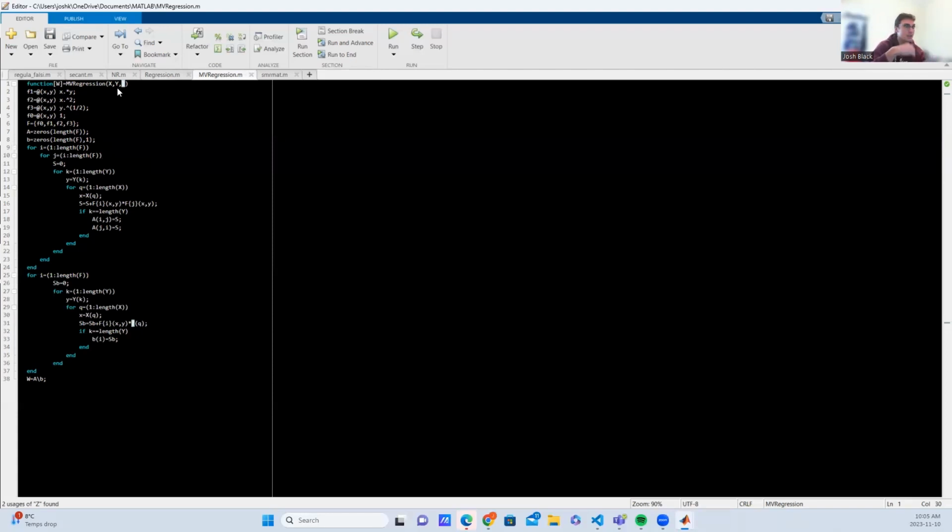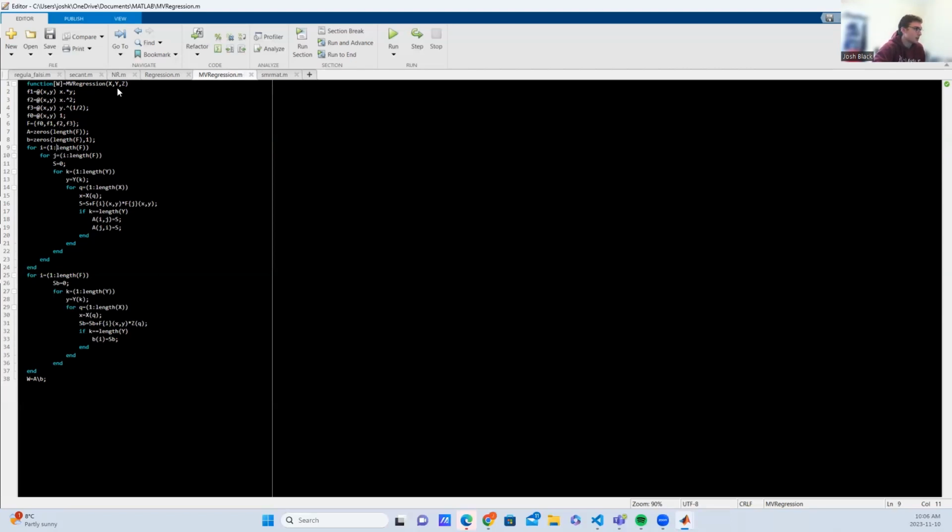Z is a function of x and y. From here, we're initializing our functions. And remember, we can have a function of x and y, a function of x, a function of y, and a function of neither. From there, again, we're initializing our A's and our B's, nothing too fancy.